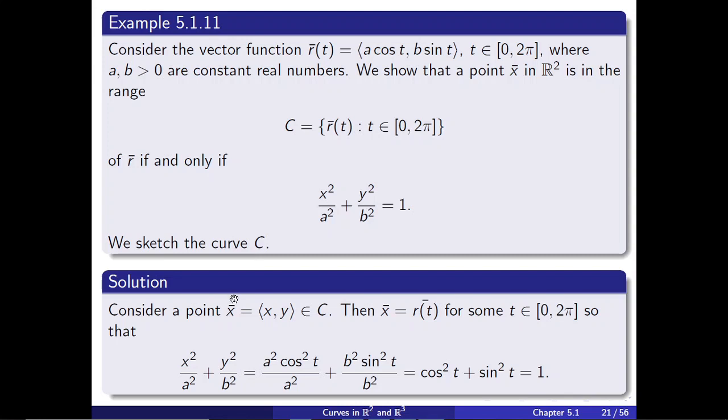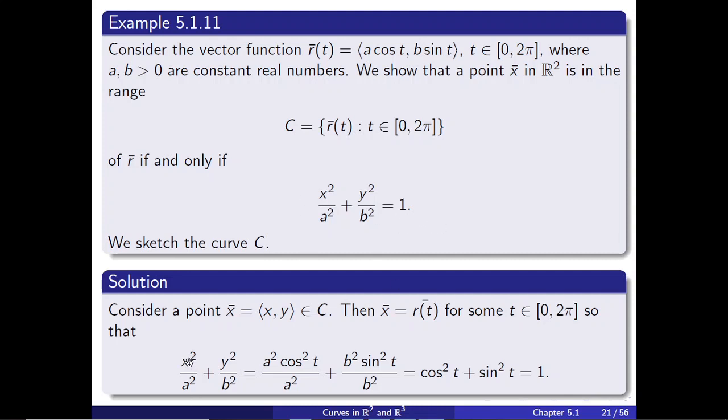So consider a point x in C. Then x is equal to r of t for some t between 0 and 2 pi. So what we want to show is that this is an if and only if statement, a characterization. If we start with a point in there, we want to show that this is equal to 1, right?